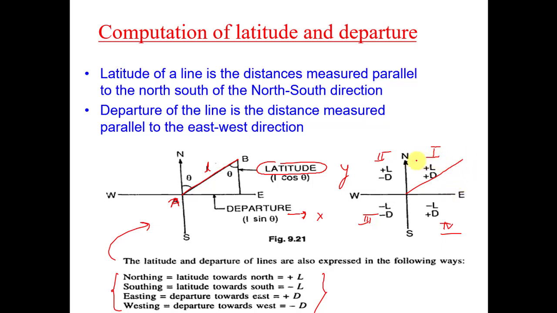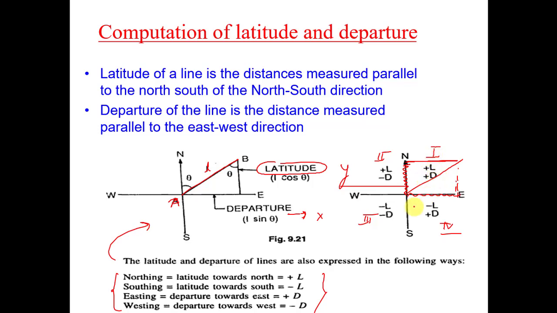The latitude will lie on the y-axis, so this is the positive latitude, and the departure lies on the x-axis, and this x-axis is positive. Hence we can say that whenever a line is in the first quadrant, we have positive latitude and positive departure.